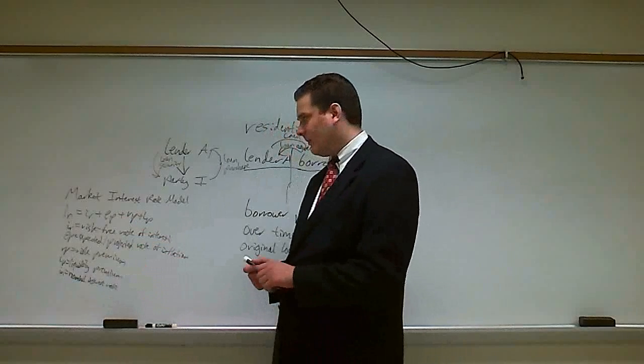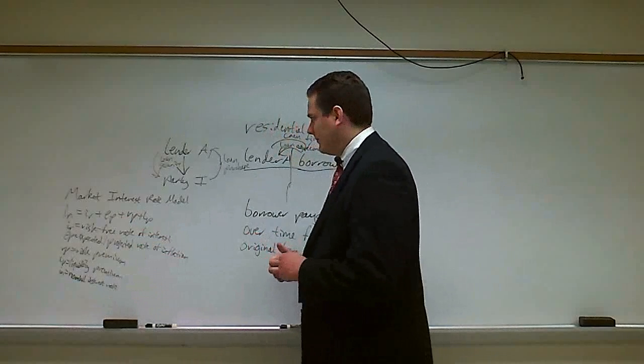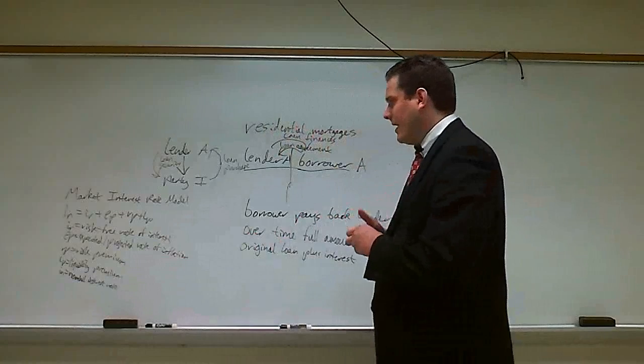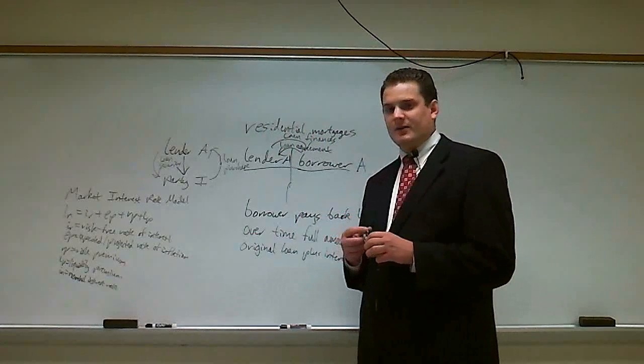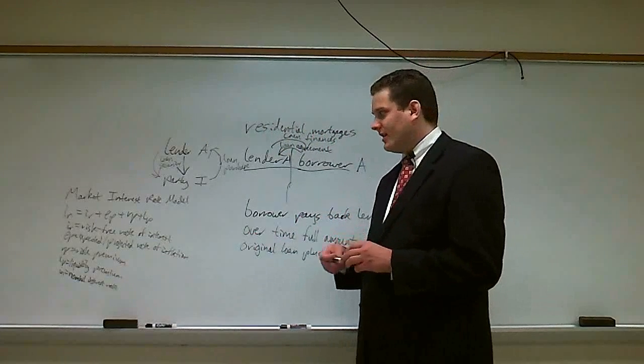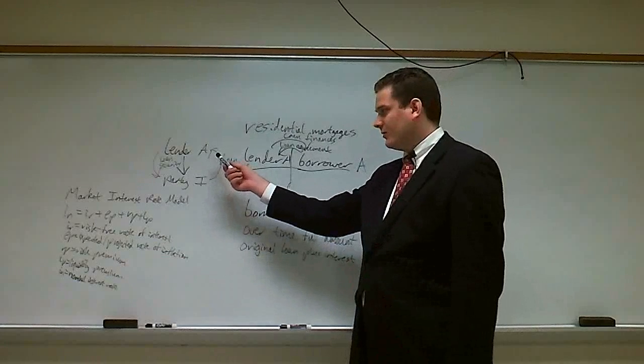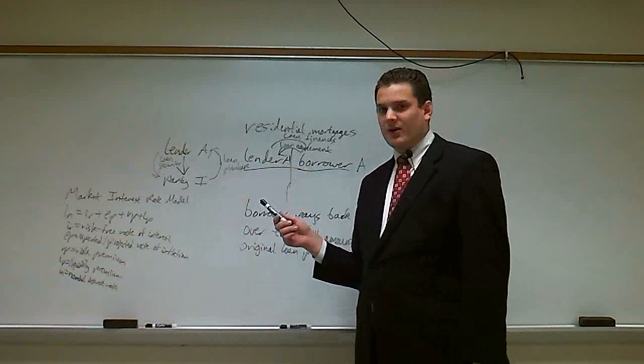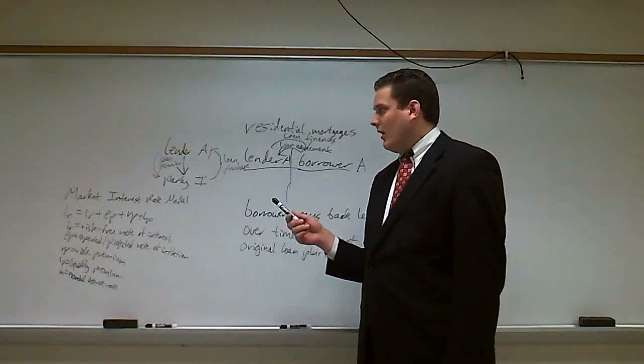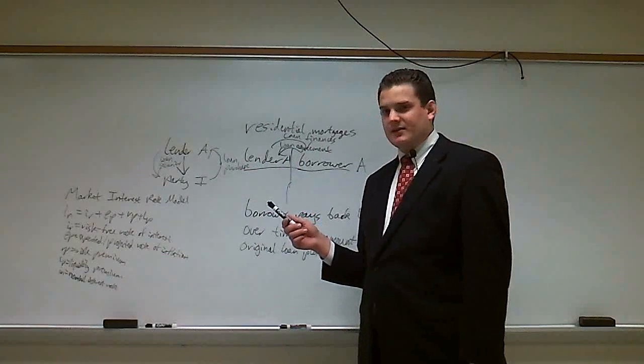Okay? Now, think about it this way. Typically what would happen is, especially in the time leading up to the Great Recession in 2008, this would happen where the lenders would sell the loan to another party. Okay? And this was particularly easier because of the computer.